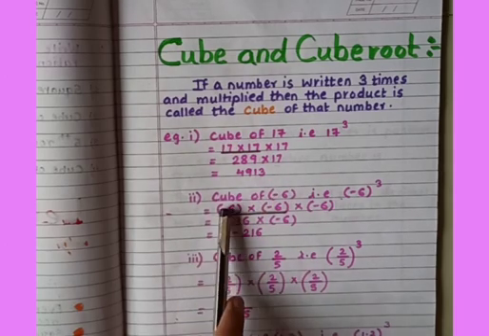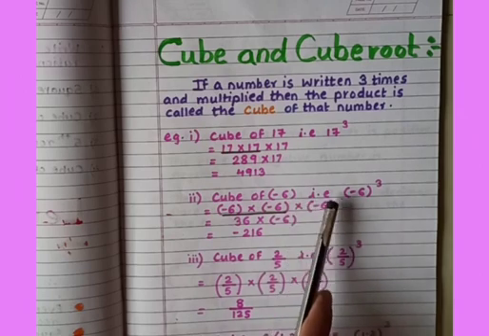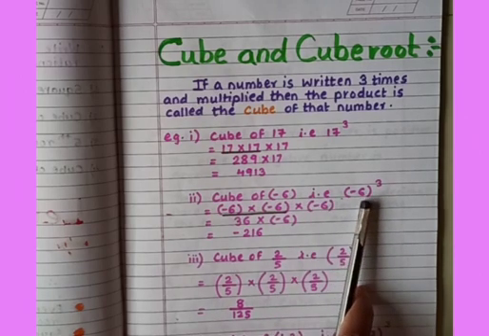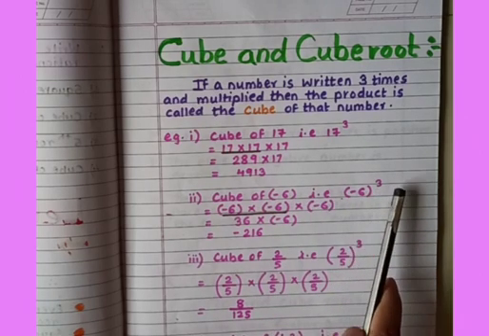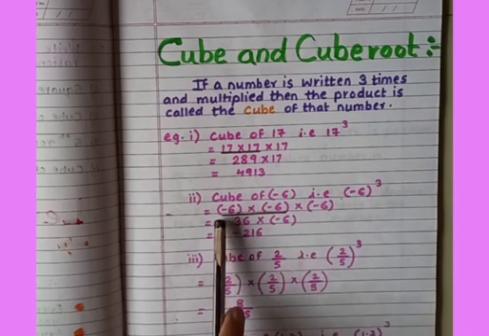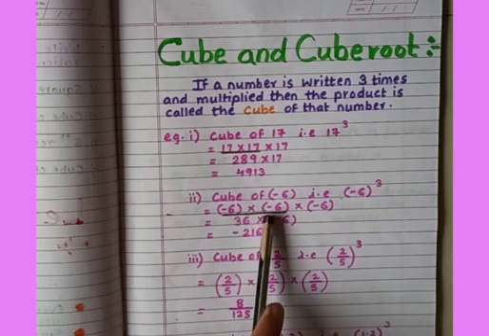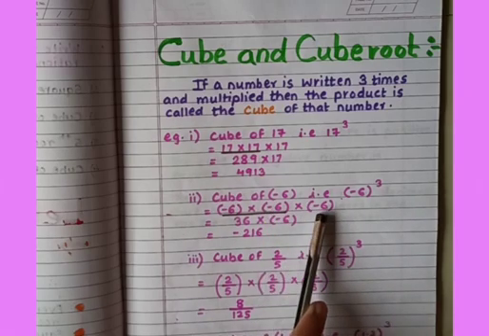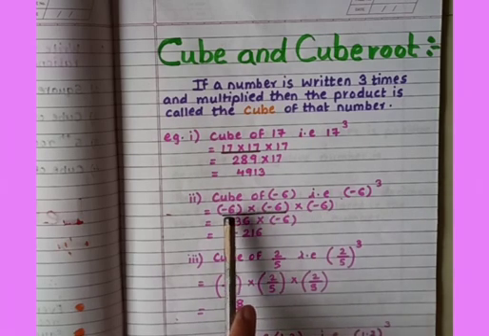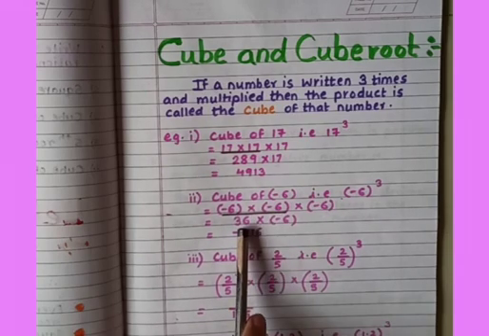Second one, cube of minus 6. In index form, we can write it as minus 6 raised to 3. In product form, minus 6 multiplied by minus 6 multiplied by minus 6. Now students, do you know that the square of a negative number becomes positive?